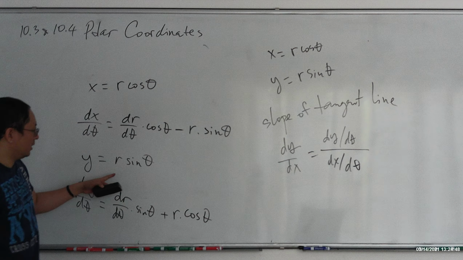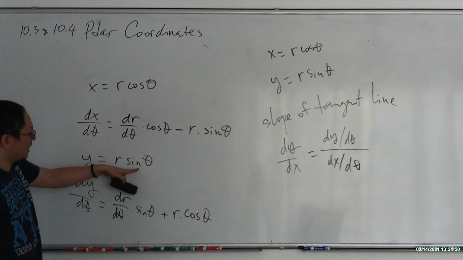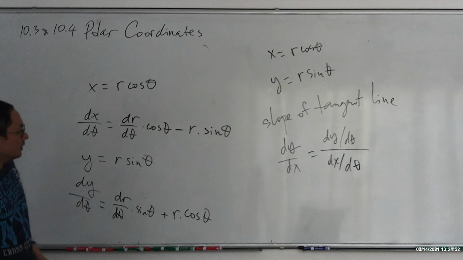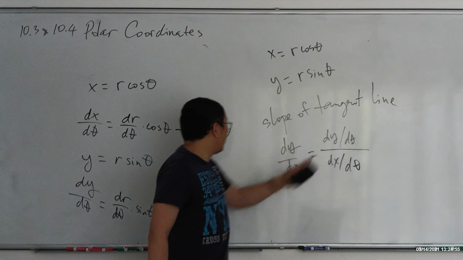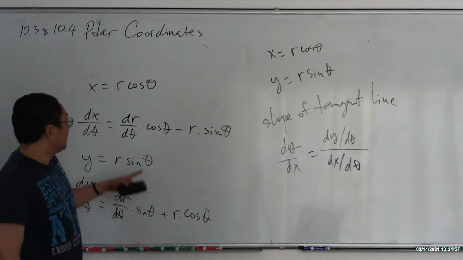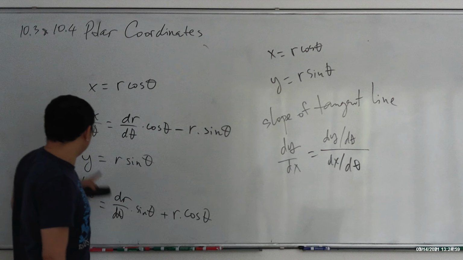I'm using the product rule in here: derivative of the first times the second plus derivative of the second times the first.